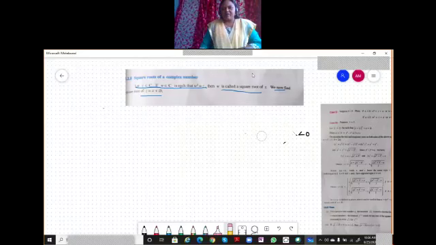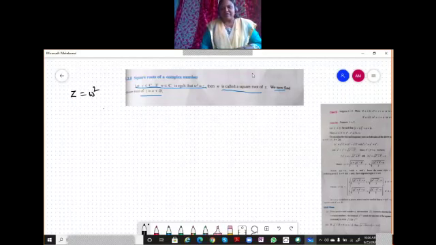Okay. My eraser is much slower than me. So see here, we have z is equal to w square by definition. And what is z? z is a plus ib.